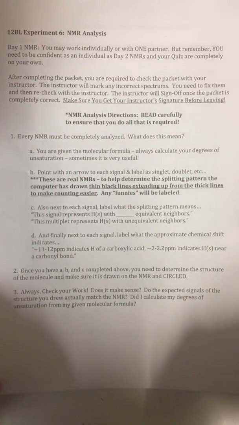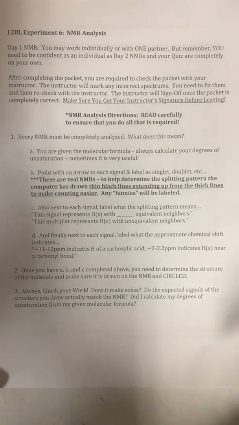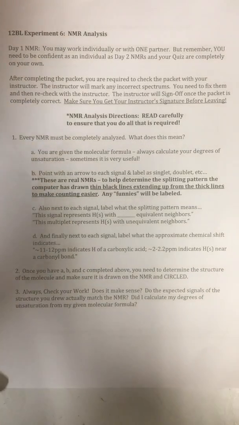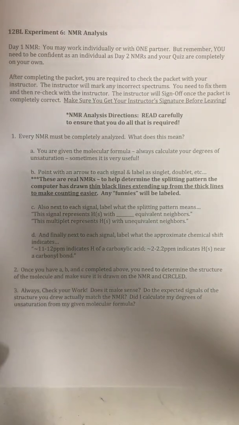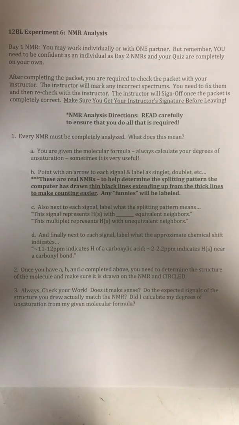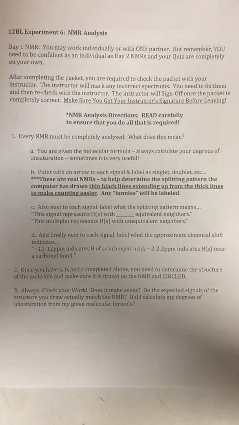What we're going to do in our next video, because I'm going to take a little pause because I'm losing my voice, we're going to start to analyze some real NMR spectrums. But something that's really important is that you make sure that your spectrum is analyzed. So to get credit in lab or a quiz or on exam, you have to prove you know exactly what that spectrum means.